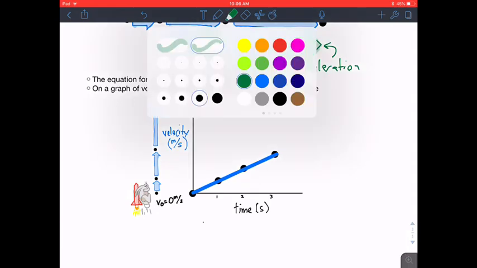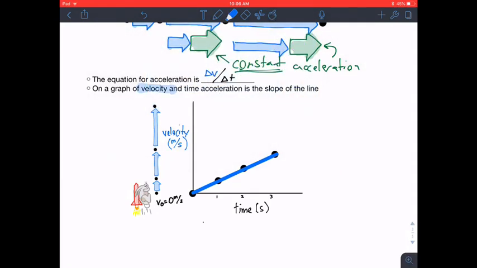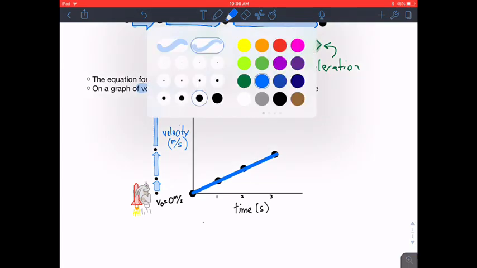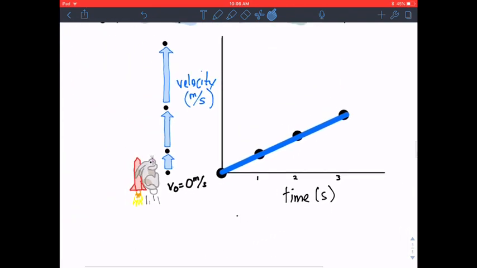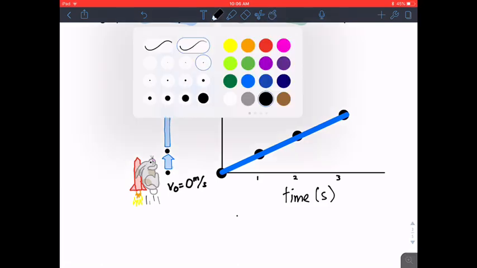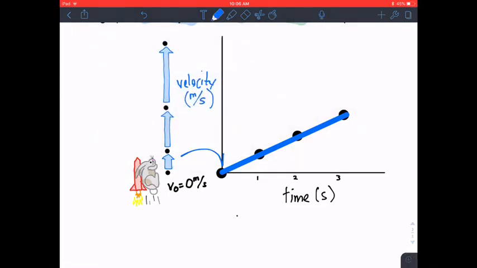On a graph of velocity and time, acceleration ends up being the slope of the line, just like on a graph of position, velocity was the slope. So look, here we're graphing velocity. We're taking these velocities and graphing them onto these points.